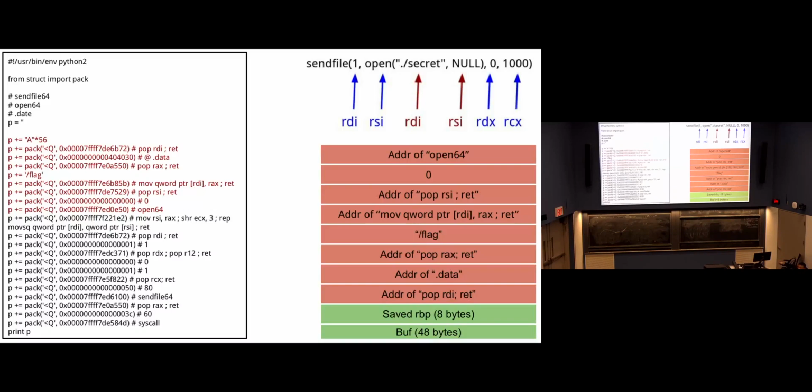That's why we put another 1 on the stack. The value 1 doesn't mean anything. We're not using R12 anyway. Then after that, we pop RCX, which we set to 80. That's the size. I'm not really using the exact file size, just 80. Then go to sendfile.